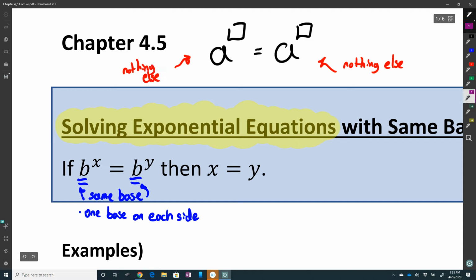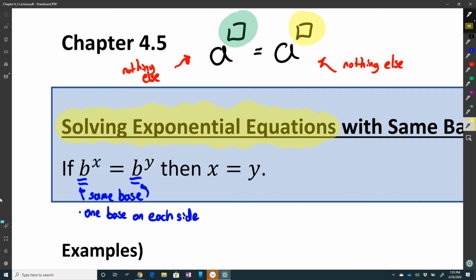If I put a 3 in front of it, it doesn't work. If I put a 5 in front of it, it doesn't work. If I put plus 7 to it, it doesn't work. It's just a very basic equals, and if that's the case, the two exponents must equal each other.